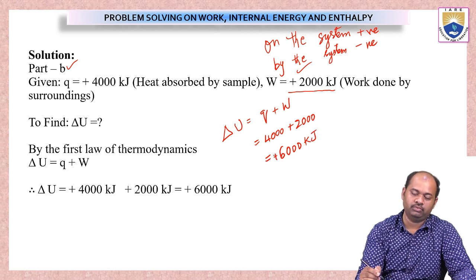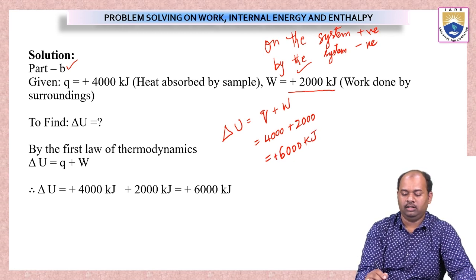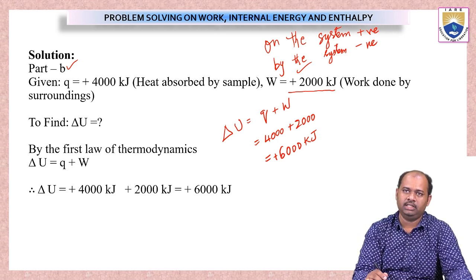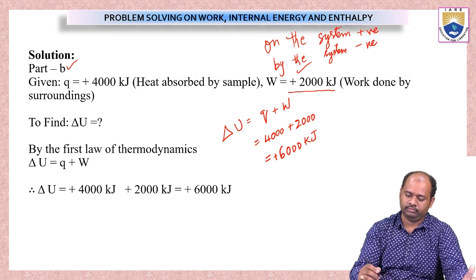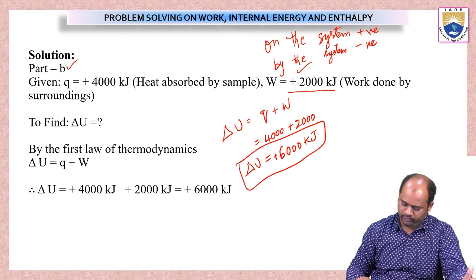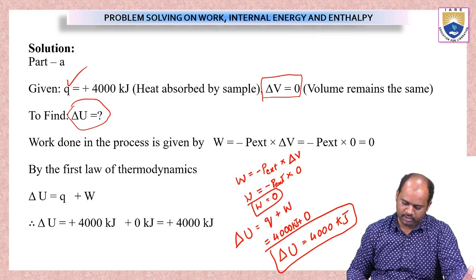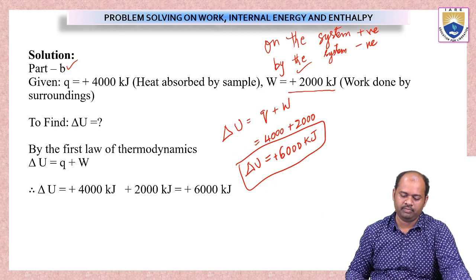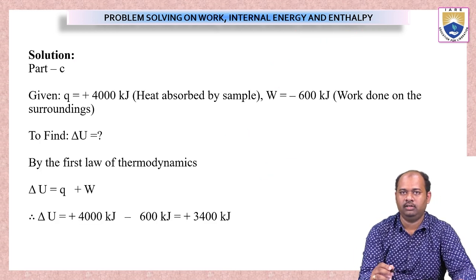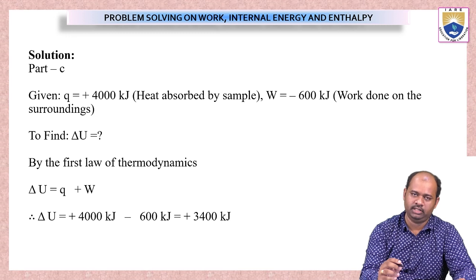So this is positive, obviously. So in part B, we have the change in internal energy as 6000 kilojoules. In the first condition, we got about 4000 kilojoules. In part B, we got 6000 kilojoules. Now we'll see how much the change in internal energy is in part C.